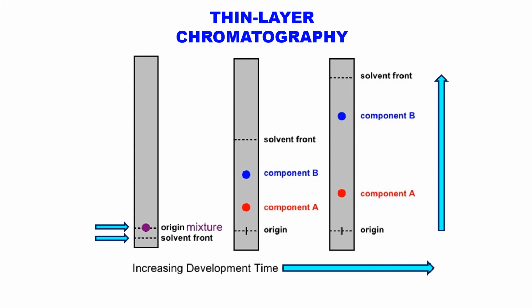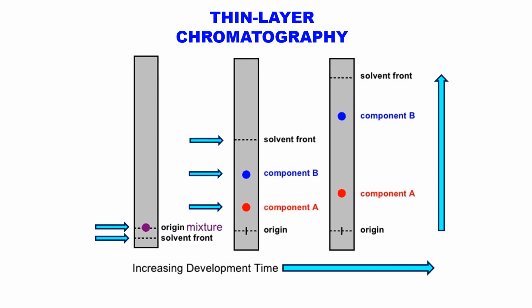When the sheet is placed in the chromatographic chamber with the solvent and covered from the top, the solvent starts moving with time via capillary action. It crosses the origin and the individual components start separating. You can see first component A separates, then component B separates, and this arrow indicates the solvent front.